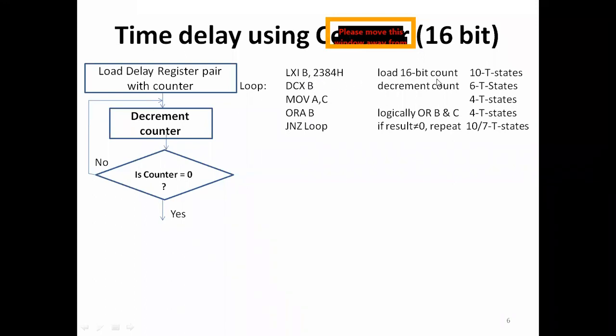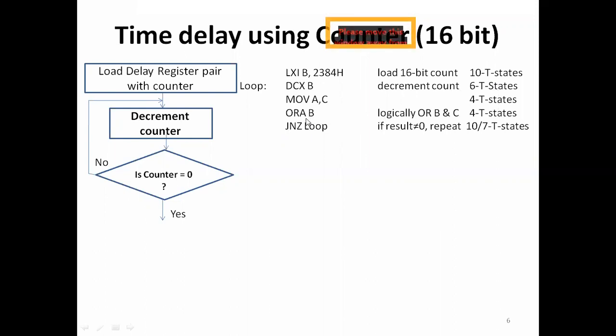This instruction requires 10 T states. DCX B is going to decrement the BC pair register by 1, and it takes 6 T states. MOV A,C is going to copy the content of the C register into the accumulator and takes 4 T states.